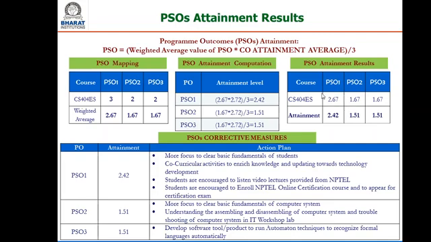Again here our benchmark target value and our obtained value. Based on the gaps, again we have to provide corrective measures for program specific outcomes also. So like that we have to compute the program outcomes attainment and the program specific outcomes attainment.